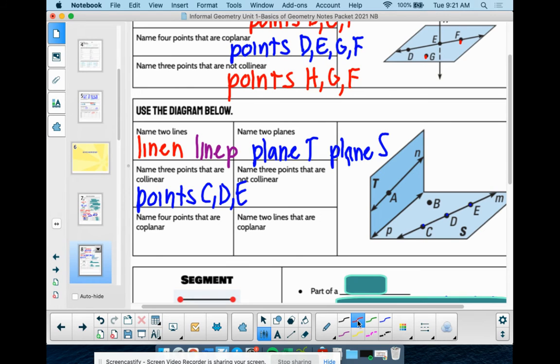So basically, we just can't pick these 3 points together. It could be C, D, and then another point. It could be whatever we want as long as we don't say C, D, and E. A, B, and E. Are these all on the same line? No. Points A, B, and E.